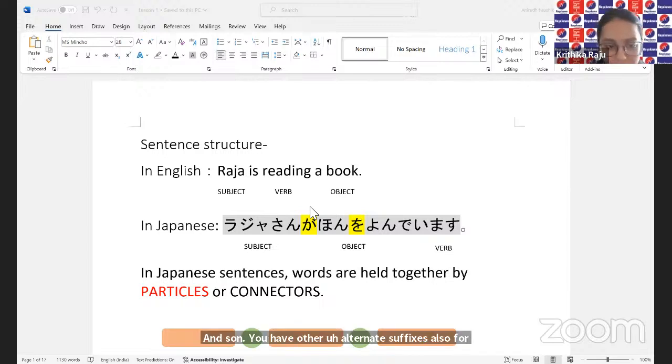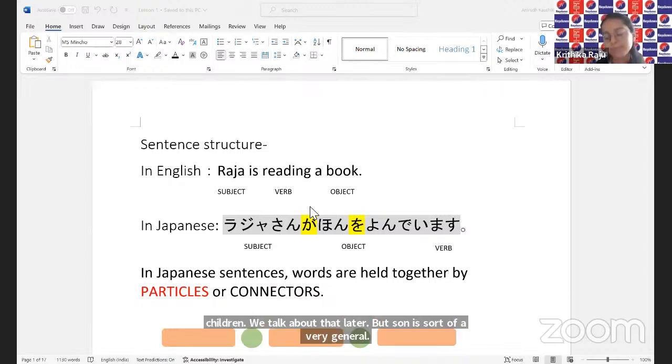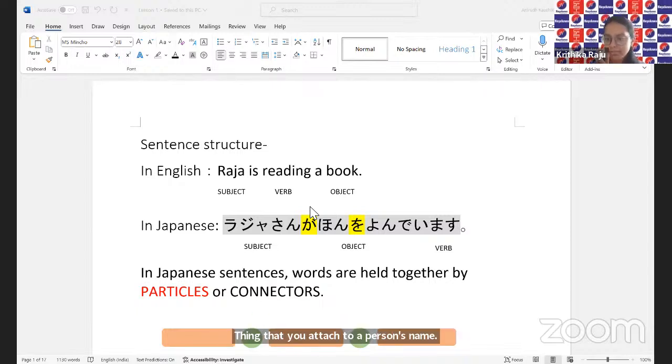Okay, so you have the subject coming first and the verb. A verb is an action word. So the verb comes after it. And then finally, at the end of a sentence, you have the object. Object is something that the action is being acted on. So if you ask the question, Raja is reading what? Then you get the answer, the book, which is the object. What is acted on is the object in a sentence.